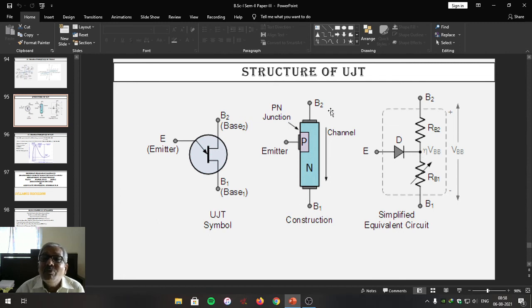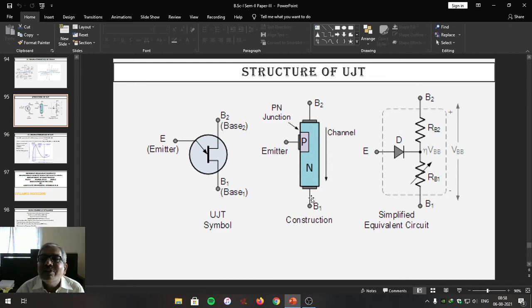If the applied voltage VBB is just 10 volt and eta is 0.7, then eta into VBB is 0.7 into 10, that comes to be 7. This means that you should increase the emitter voltage till 7 volt.